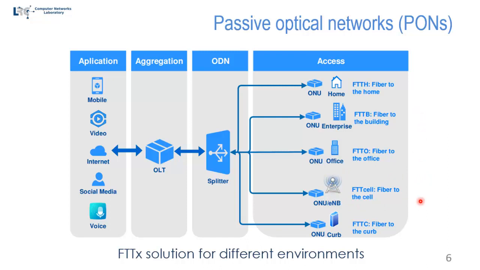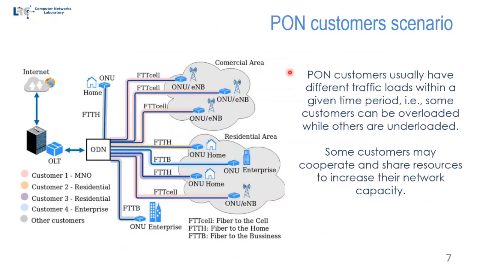Thus, the service provider owning the PON is responsible for the management of physical resources and the allocation of bandwidth for PON customers. However, PON customers usually have different traffic loads within a given time period. This is, some customers can be overloaded while others are underloaded.